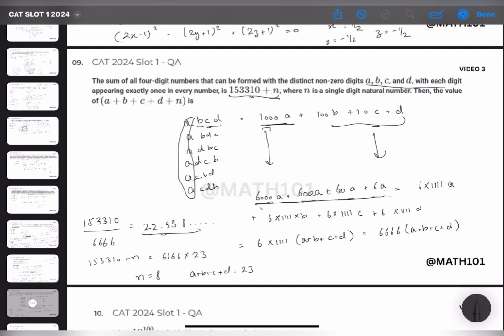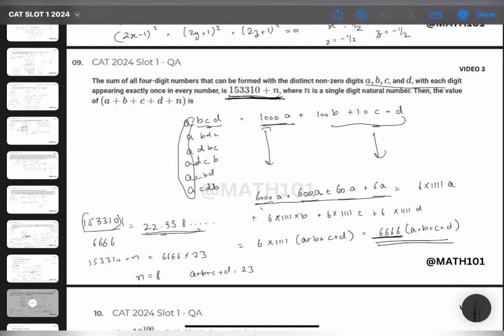Why? First we will notice that the sum of all the distinct 4-digit numbers with this property set is this, and this is equal to this. n is given to be a single digit natural number, and 6666 into A plus B plus C plus D is this whole thing. So A plus B plus C plus D is also a natural number. Dividing this by 6666 gives 22.998 something.